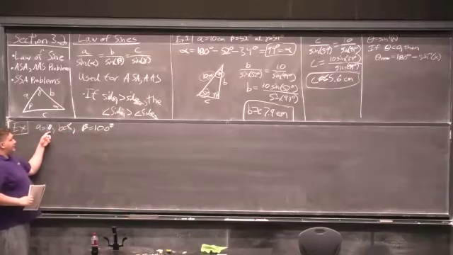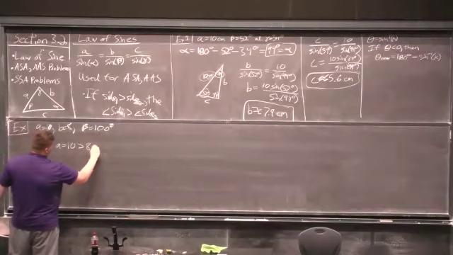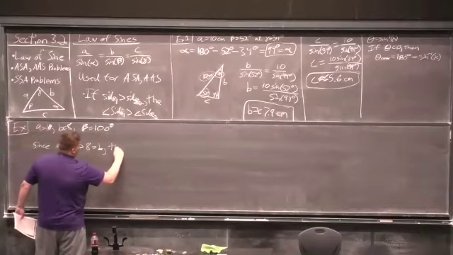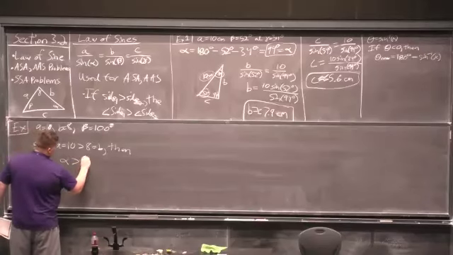So since A equals 10, which is greater than 8, which is equal to B, then alpha must be greater than beta.